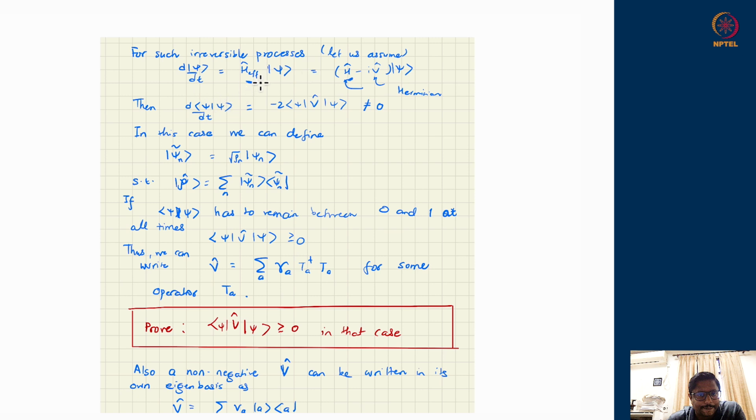So I'm going to assume that such an effective description is controlled by two pieces. A Hermitian Hamiltonian, which keeps the probability of the state normalized, so norm preservation happens, and then there is a non-Hermitian piece, iota times some Hermitian operator V, such that the overall H effective does not remain a Hermitian operator.